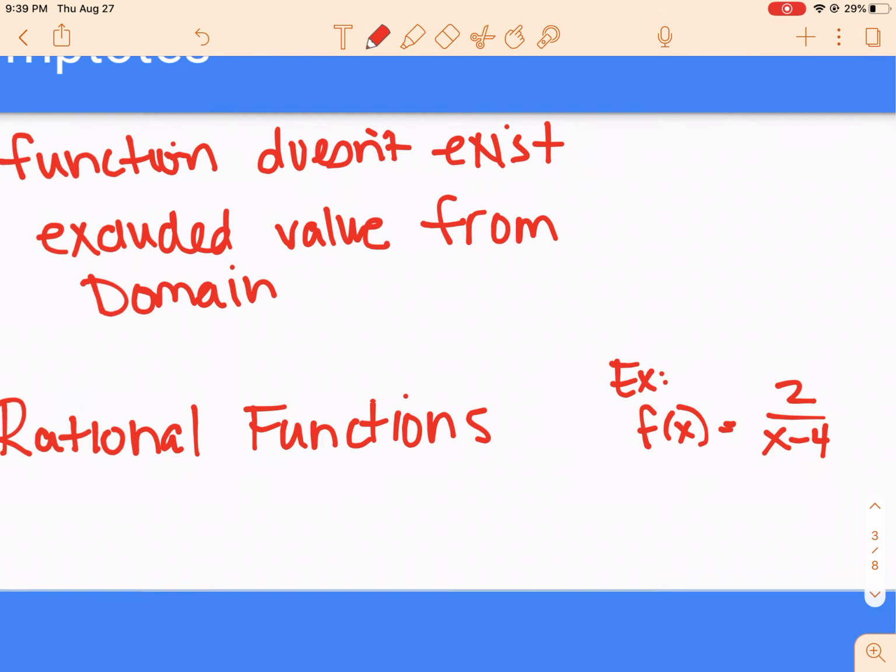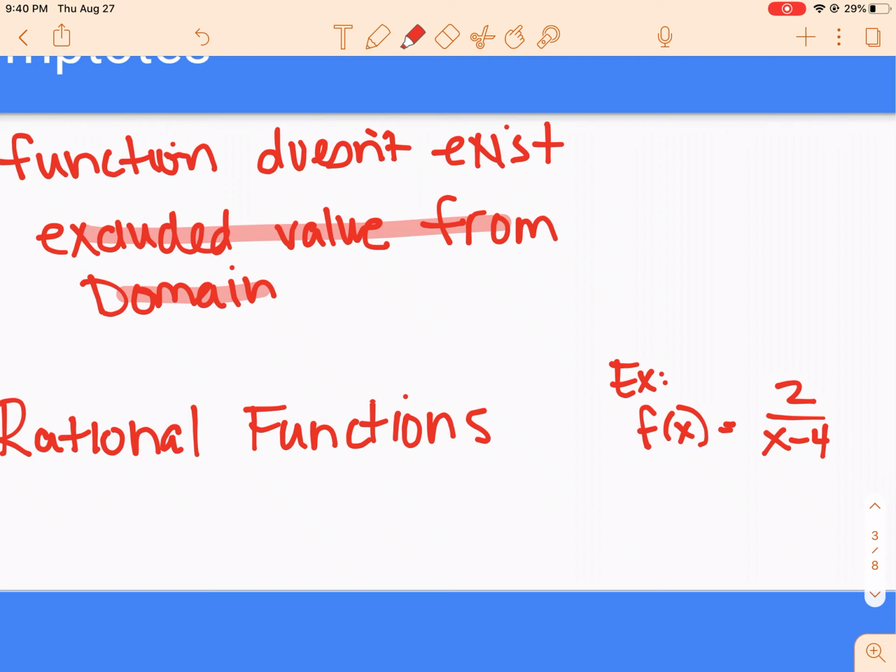Because there's going to be an excluded value from the domain. There's a value in this particular function in which the function won't exist because an x causes the denominator to be 0. So that's our issue. We've actually talked about limits when we can't put in a certain value.